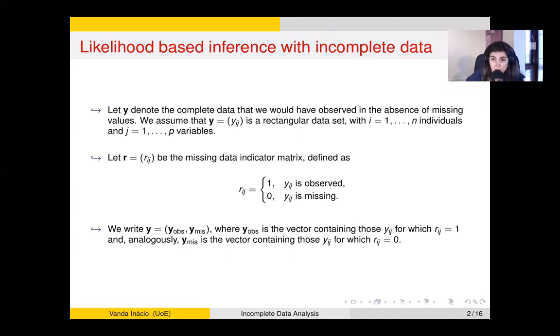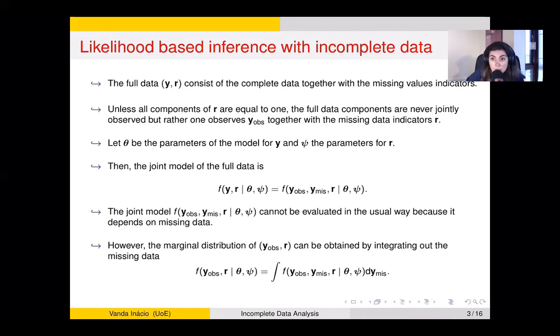And so, more concretely, my Y observed part is formed by those Y's for which Rij is equal to 1, and the Y missing part is formed by those for which Rij is equal to 0, correct?